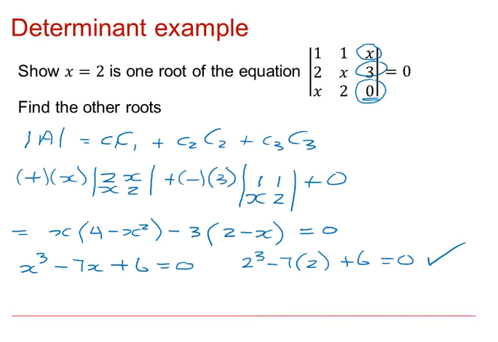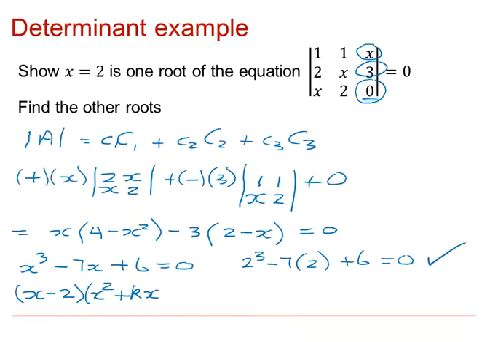I could then work out the other two roots by various methods, but I'm going to try and do it by inspection, because for me that's the easiest way of doing it. So I know that x minus 2 is one of the factors of x cubed minus 7x plus 6 equals 0. I know I'm going to just need an x squared term in order to get the x cubed. I have an unknown number of x's in that quadratic factor, but I know that whatever the constant factor is, that minus 2 times that must give me plus 6.